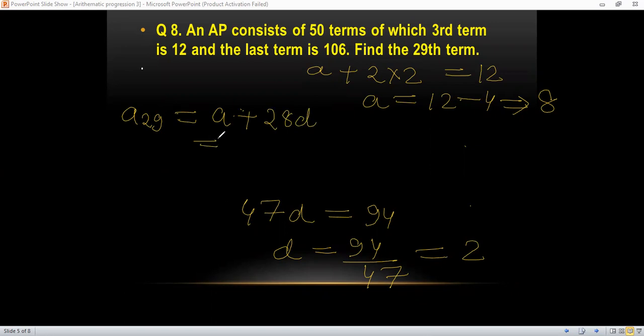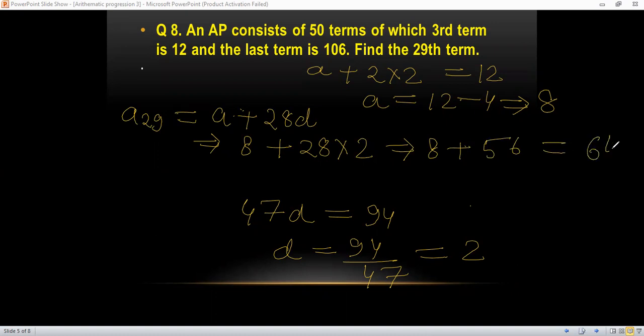Now substitute the values: 8 plus 28 into 2. 8 plus 56. So the value will become 64.